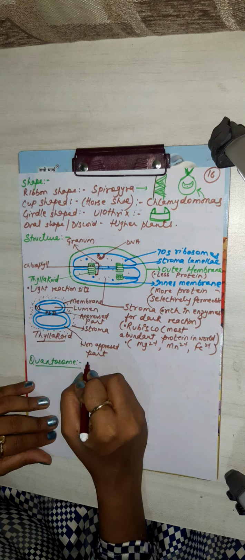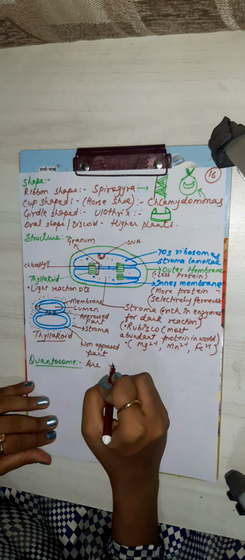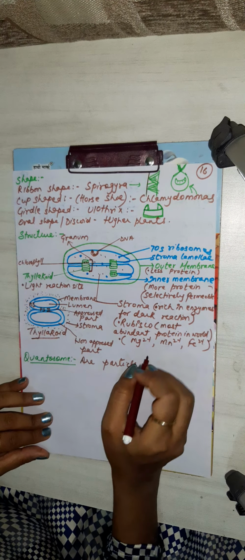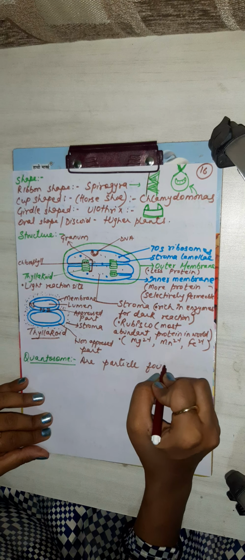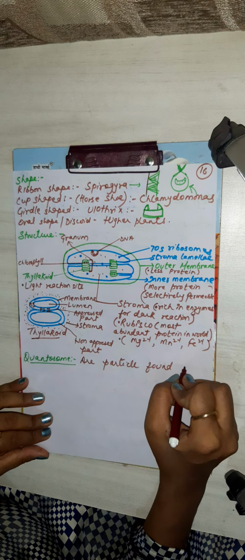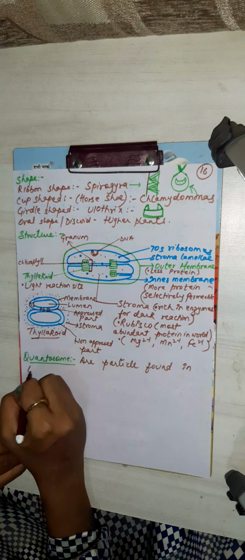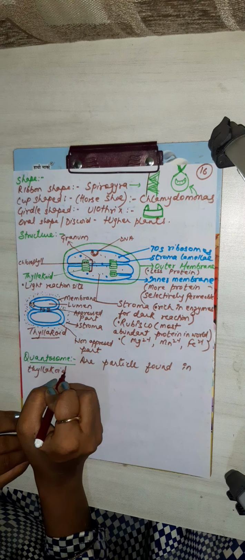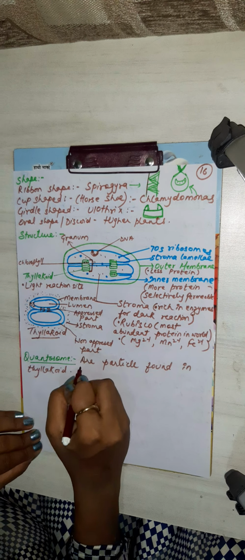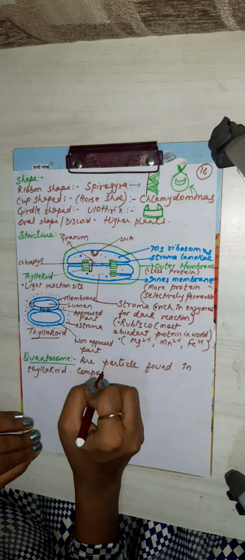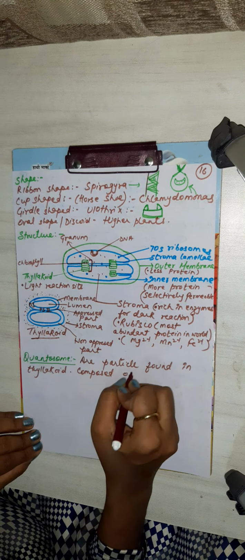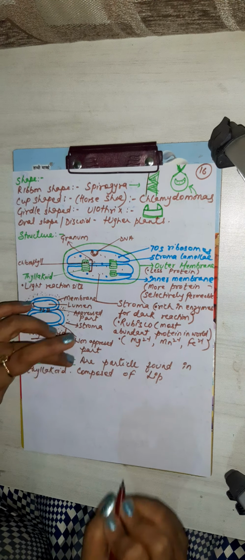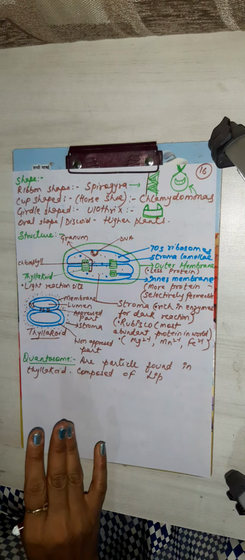Quantosomes are particles found in thylakoid, and it is composed of lipids. माने क्वांटोसोम्स में पिगमेंट सिस्टम फॉर्म होते हैं.